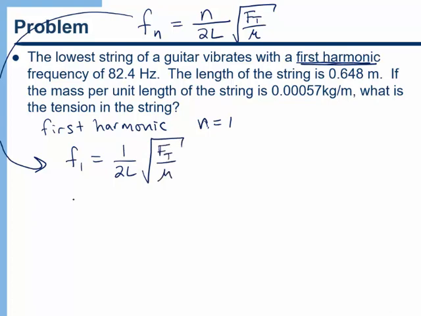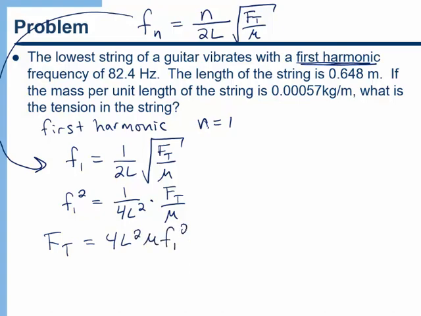I'm going to square both sides. f1 squared is equal to 1 over 4L squared times FT over mu. So FT is equal to 4L squared mu f1 squared.